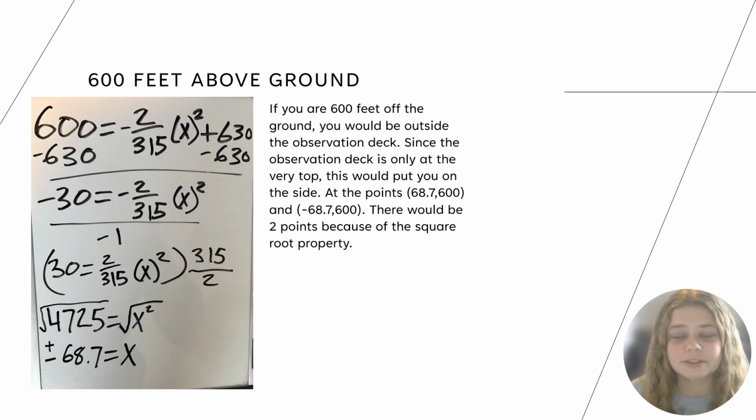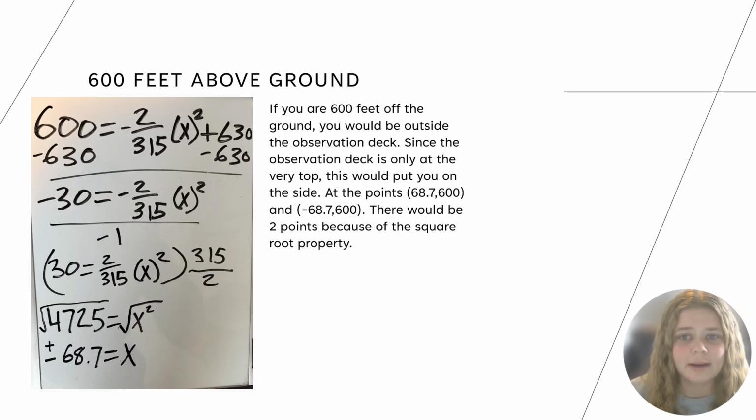To determine the horizontal coordinates the visitor would be at if they were 600 feet above the ground, we would plug 600 in as our y value to find the x value. We would start by subtracting 630 from both sides. I divided everything by -1 just to get rid of the negatives.